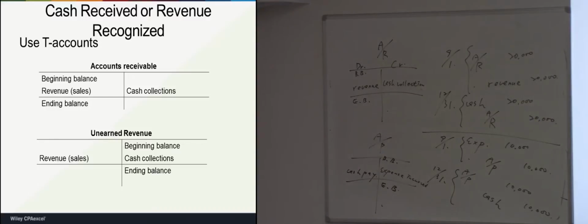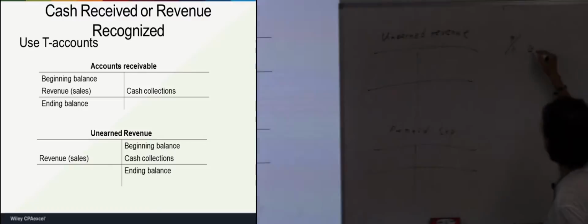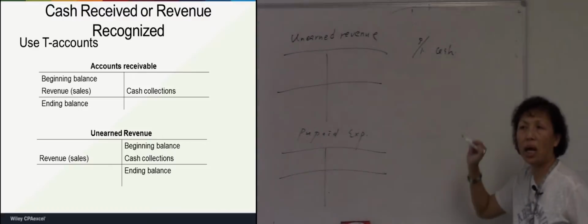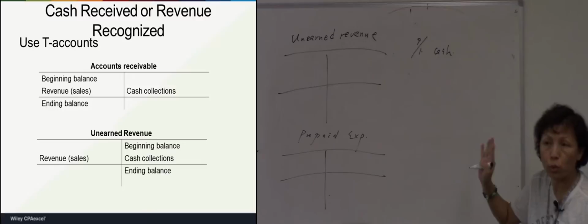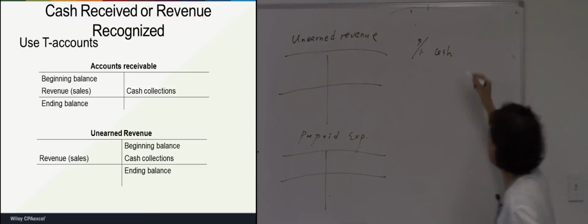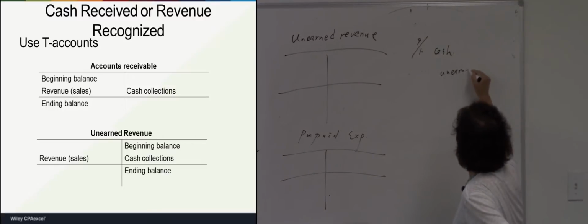For unearned revenue, if we receive 1 year rent from the tenant on September 1st for 12,000, then I receive cash, so I debit cash. On the credit side, the revenue is not earned yet, so I should record it as unearned revenue for 12,000.